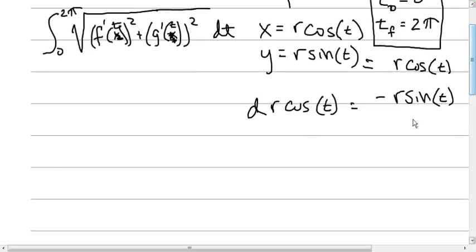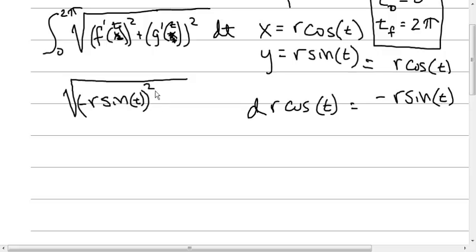So now we can plug those in and we get the square root of minus r sine t quantity squared plus r cosine of t quantity squared dt, integrated over 0 to 2 pi.